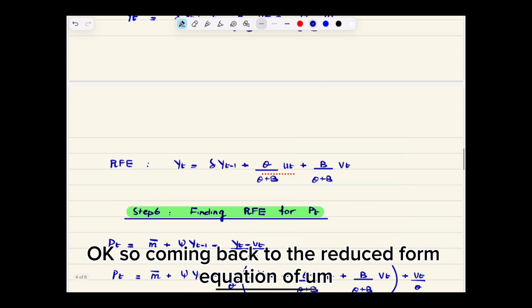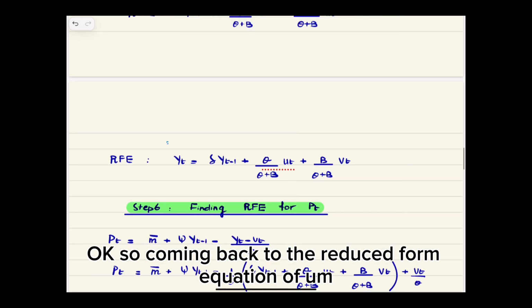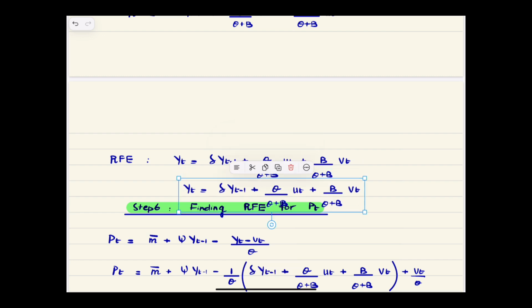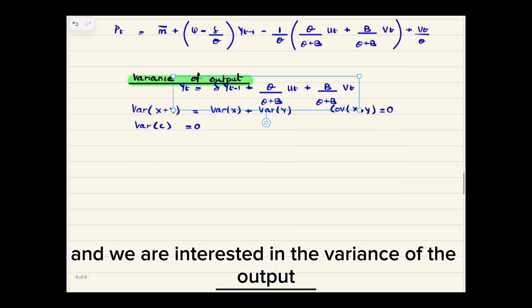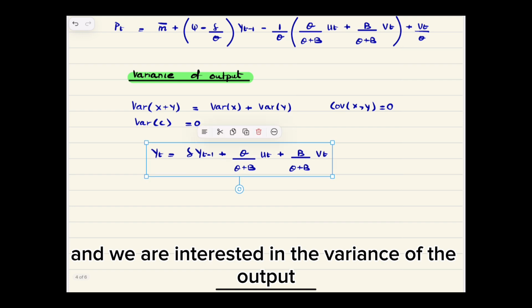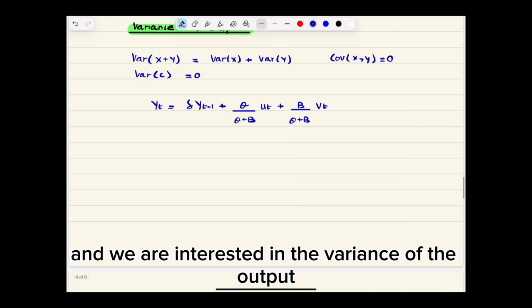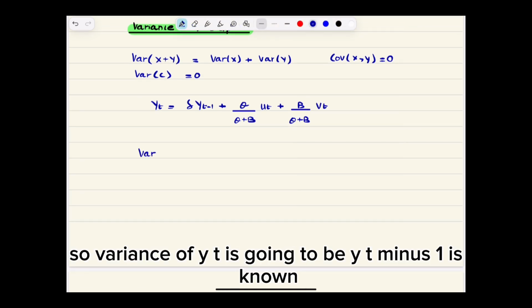Okay, so coming back to the reduced form equation of output, it was this, and we are interested in the variance of the output. So the variance of yt: yt minus 1 is known.